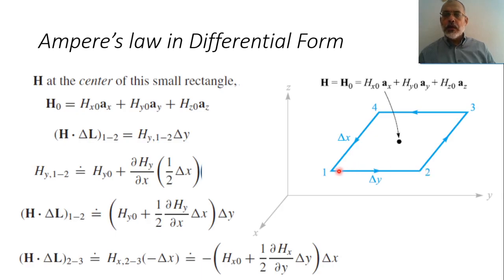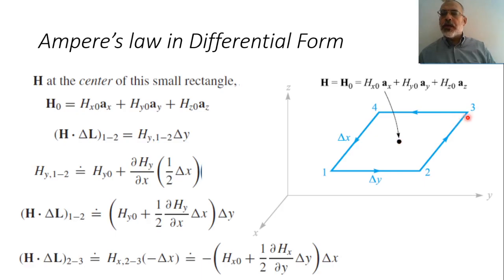In a similar way, we can obtain the integration along the path from 3 to 4. But in this case, delta L would be delta y in the negative y direction, not in the positive y direction. So it would be negative delta y. And the magnetic field here would be Hy at x equal to minus delta x over 2 from the center.